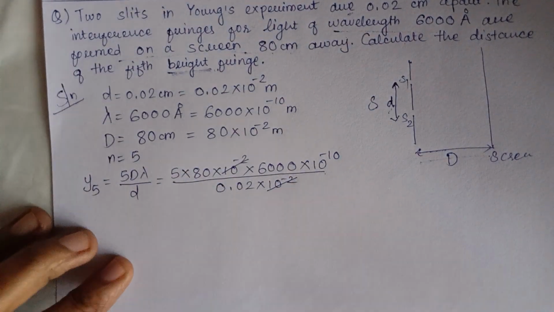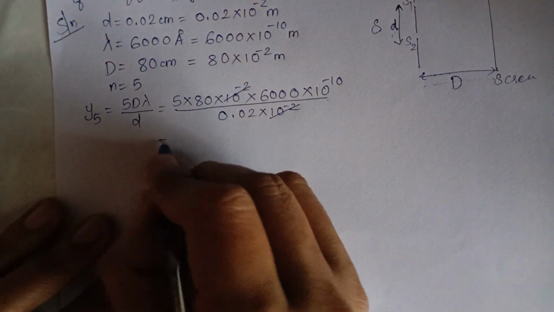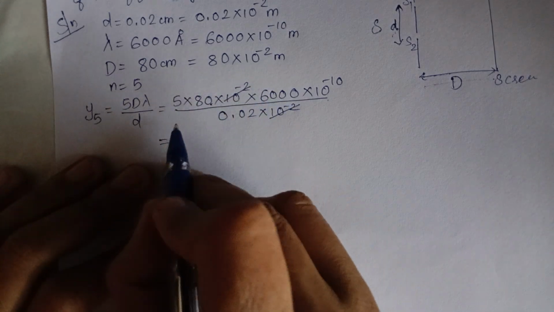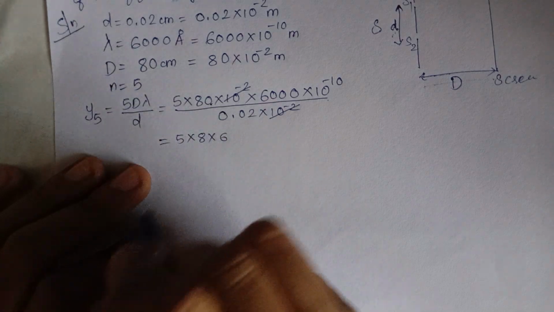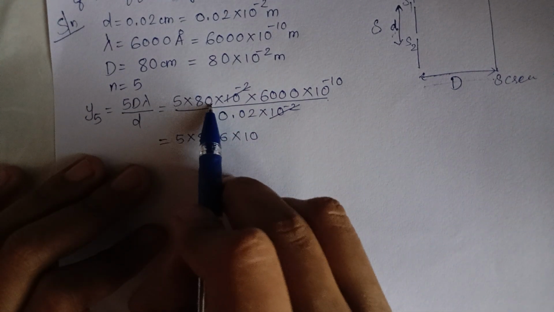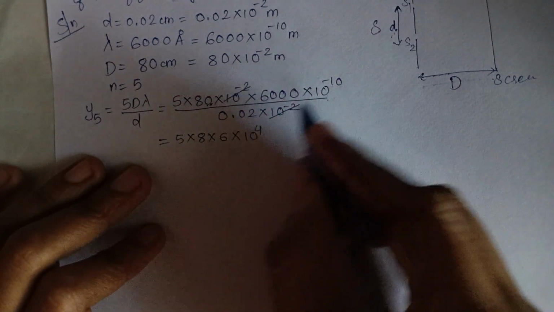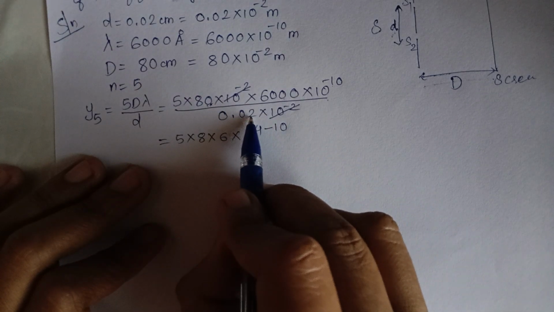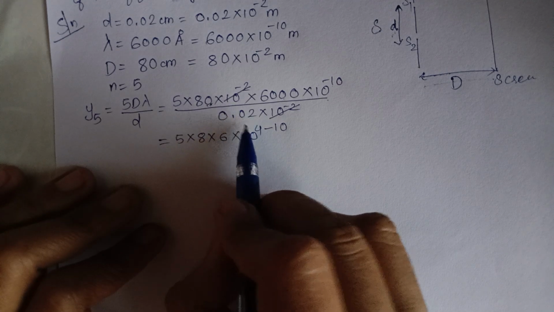This gets cancelled. We'll remove all the points. So I'll take 5 into 8 into 6, 10 raised to this will become minus 10, and this I can write 2 upon 100, correct?